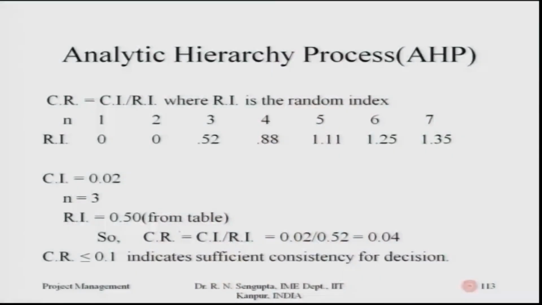So, for 3, CI is 0.02 as I found out, and as per the table RI is 0.52, so the value of CR comes out to be 0.04, which indicates sufficient consistency in the decision, because the cutoff value as you mentioned was 10% or 0.1. So, it can be done.